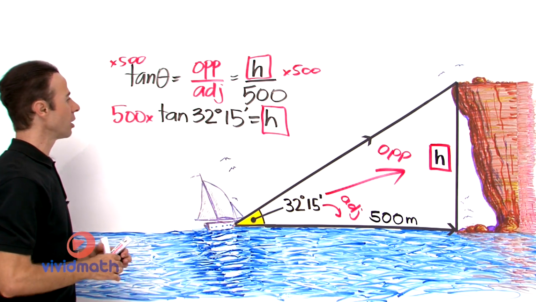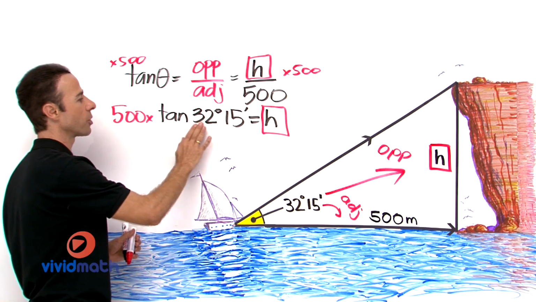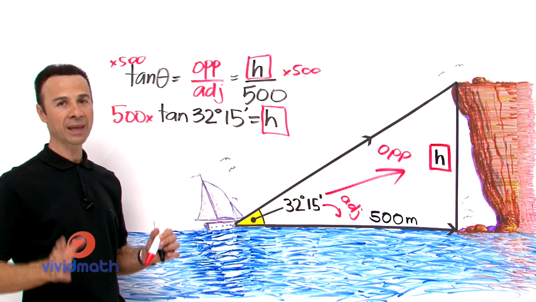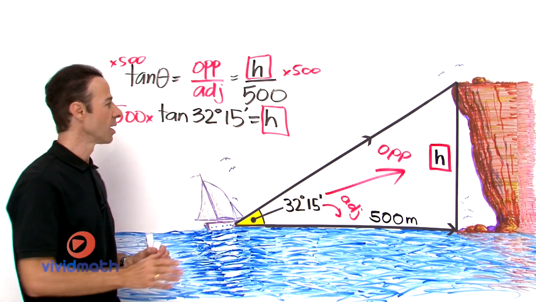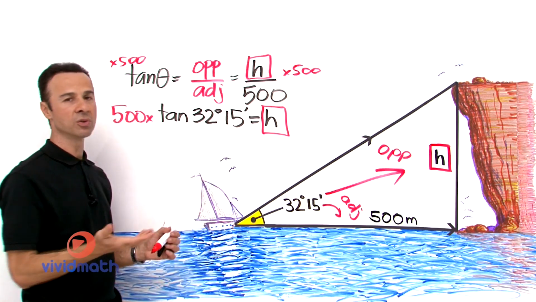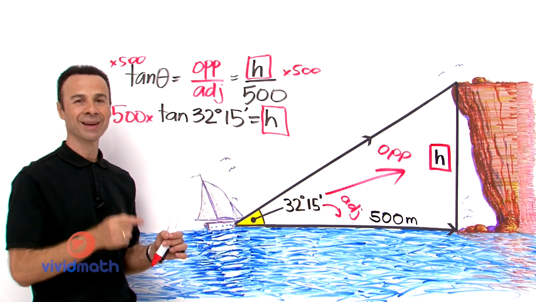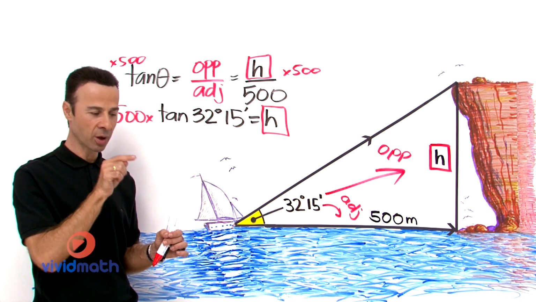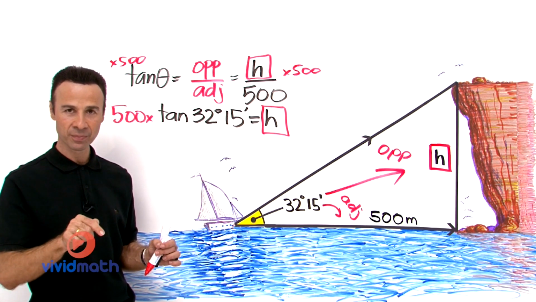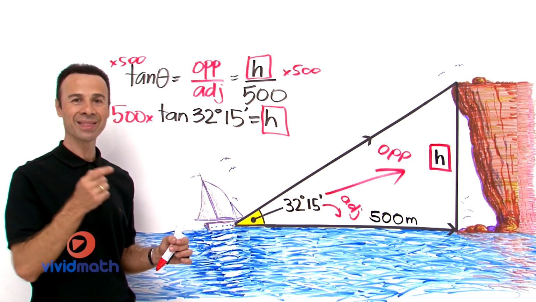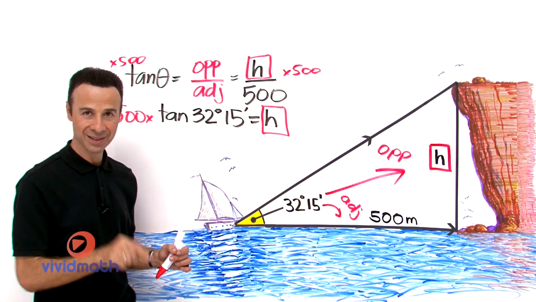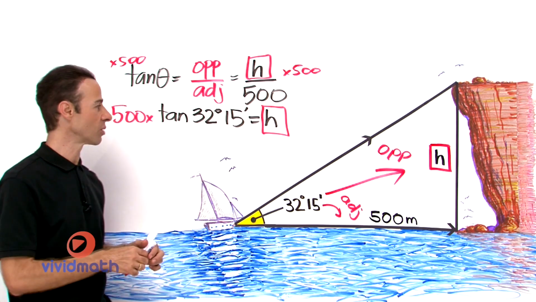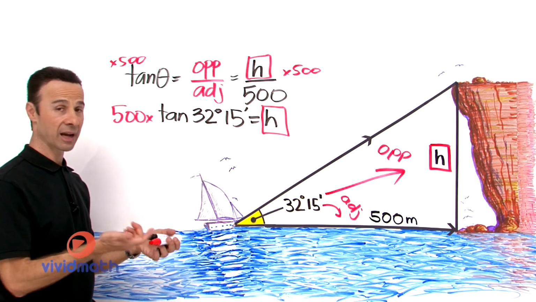Now, what I might like to do is work out what tan 32 degrees 15 is. Let's go through the calculator process and sequence here. Now, 32.15, how do we do the tan of that? Well, what we do is we go tan 32, and when we put the 32, we press DMS, or degrees, minutes, seconds, and then we press 15 DMS, and that'll change it into degrees, minutes, seconds, so the calculator can process it.